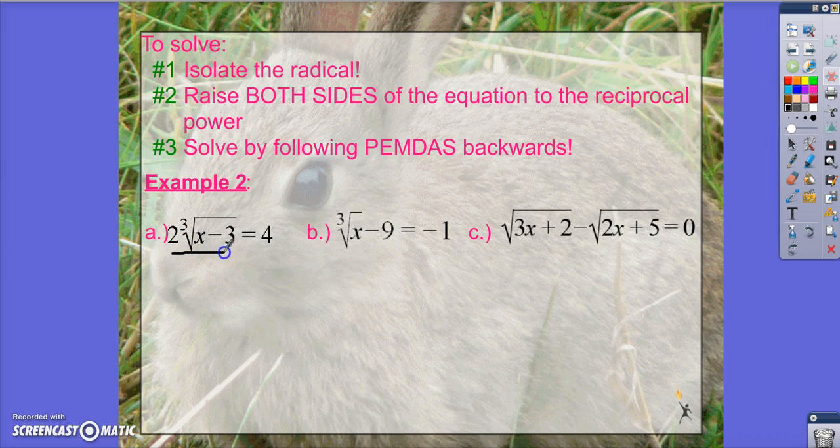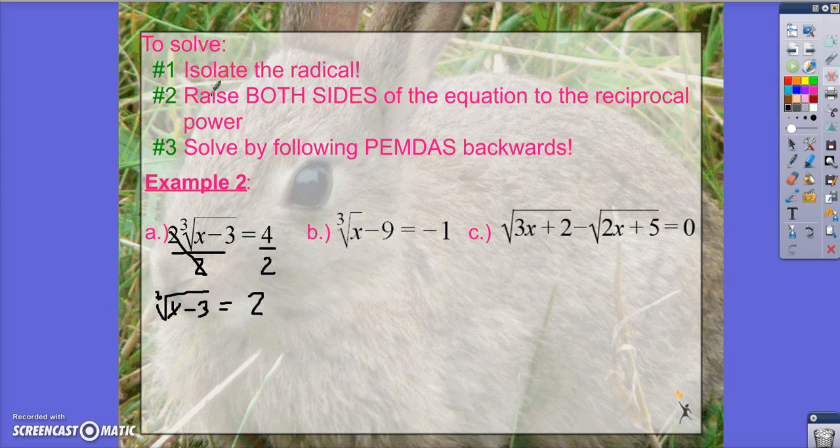So before I could take care of the radical, I have to divide by 2 and get rid of that first. So then we get the cube root of x minus 3, well, 3 there for the cube root. 4 divided by 2 is 2. And now we took care of step 1, which is isolate the radical.